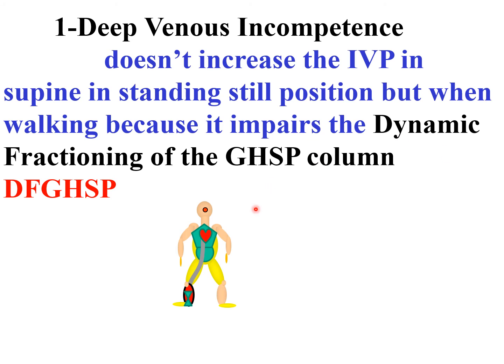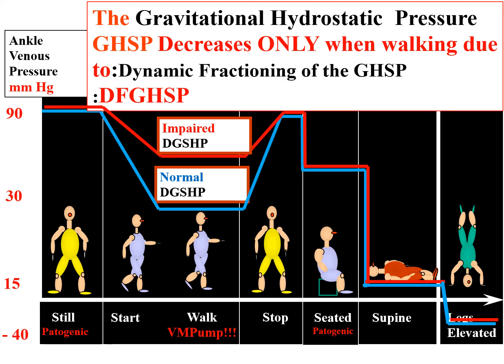That means that measuring the pressure to assess the incompetence is useless, because it doesn't differ from normal in any position, but it increases only when walking, or we say it doesn't decrease as it would in normal conditions.